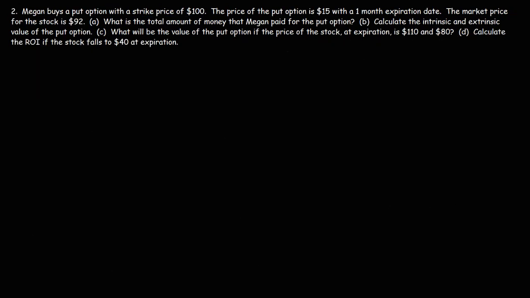Now, before we move on to number 2, let's discuss the differences between call options and put options. As was mentioned before, a call option is a contract that gives you the right to buy a stock at a certain price, that is the strike price.